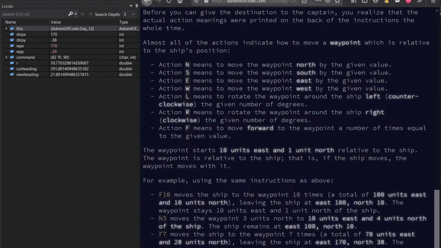Rotate the waypoint around the ship right clockwise the given number of degrees.